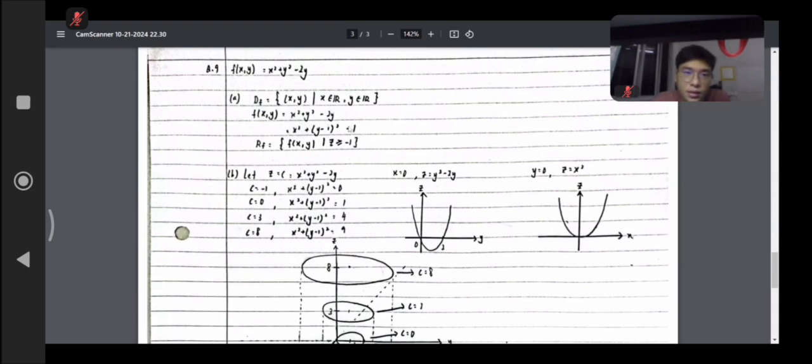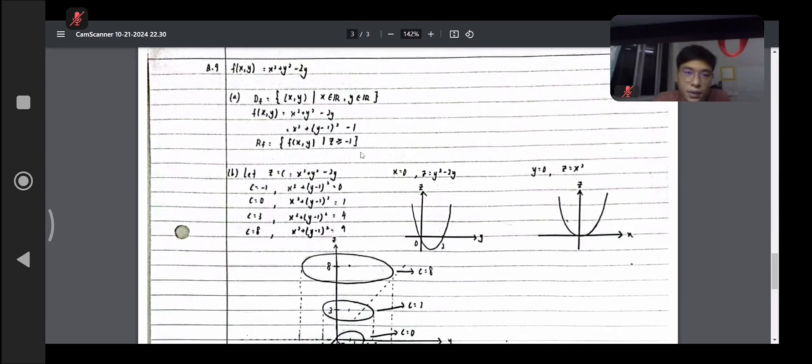As we can see in the equation, the range of f will be minus 1, or 0, or any positive number, because x is squared and y minus 1 is also squared. So z will be negative 1, 0, or greater, or any positive number.